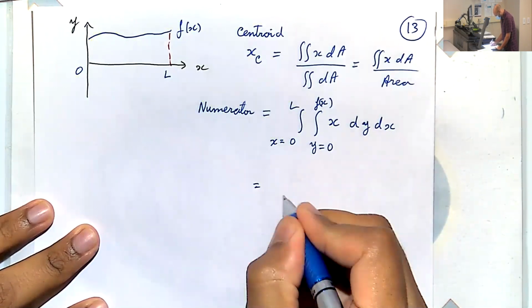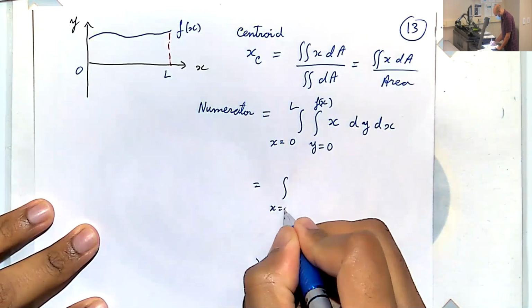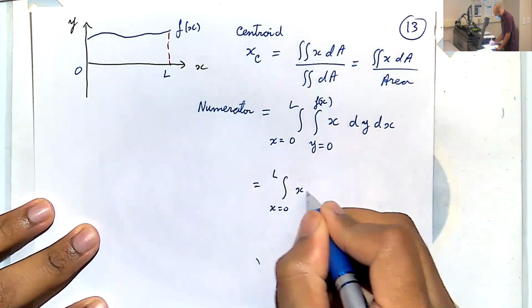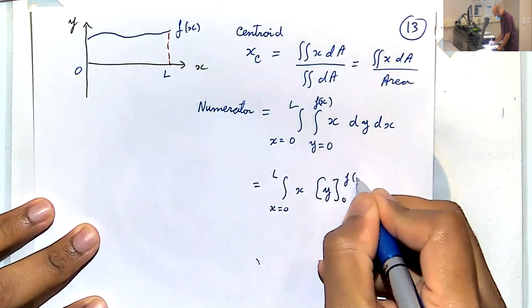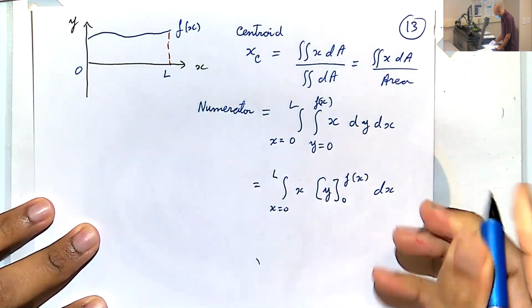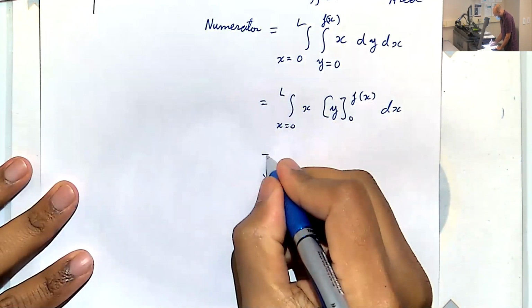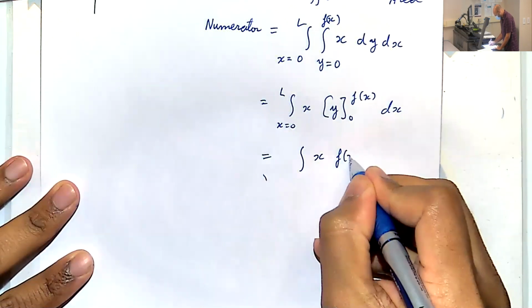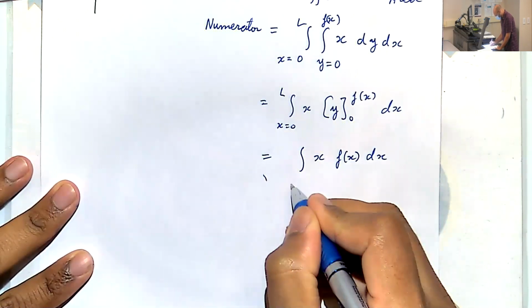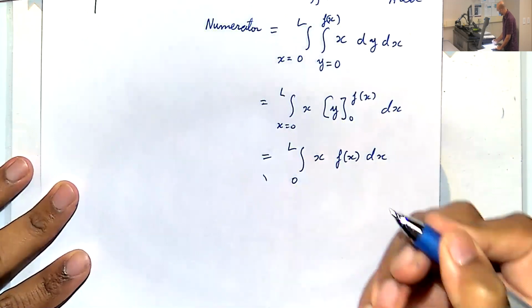So this becomes x goes from 0 to L, x, y goes from 0 to f of x, dx. And this simplifies to x f of x dx, 0 to L.